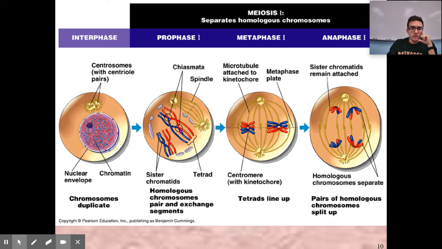So when we talk about crossing over occurring between non-sister chromatids, that's what we're talking about. This crossing over really occurs between the homologs, between each pair of chromosomes. So this is that tetrad. So really, metaphase 1 and anaphase 1 is just about separating the tetrad. It's just about breaking apart this. That's all meiosis 1 is, just separating the homologous chromosomes. That's it.